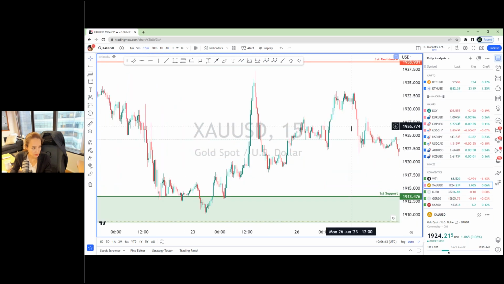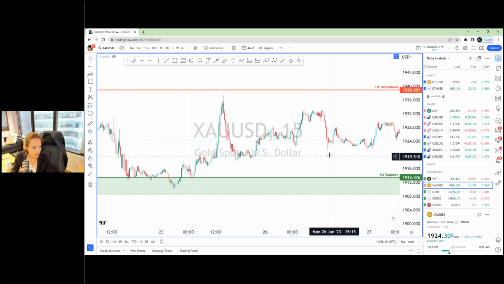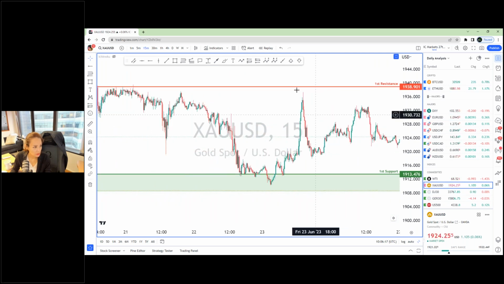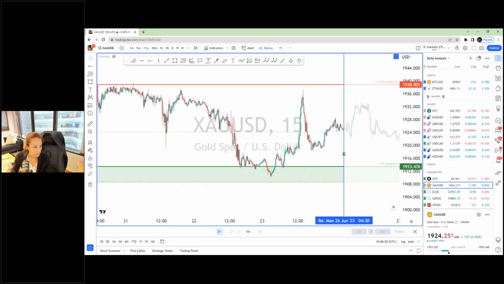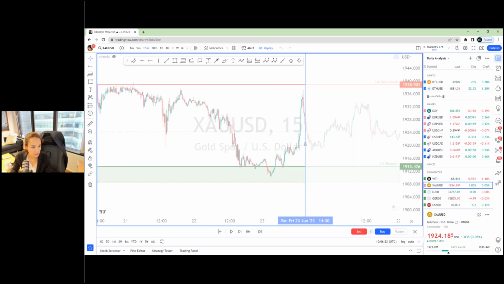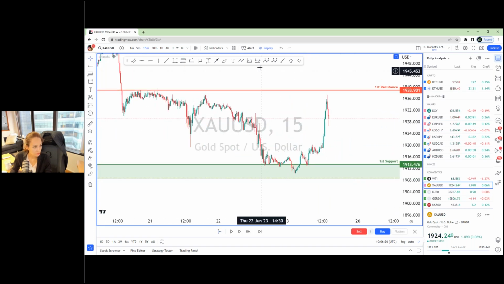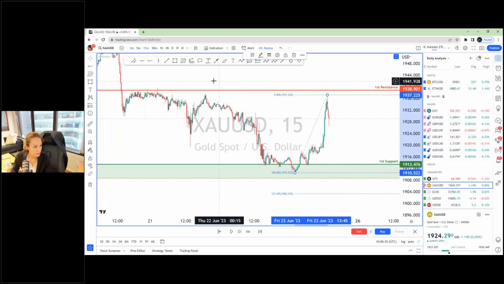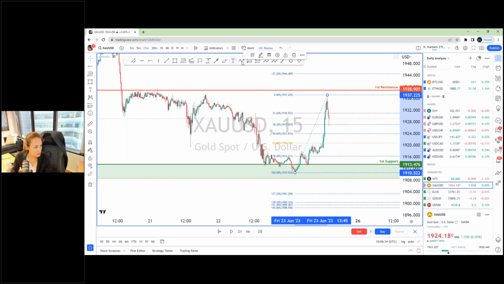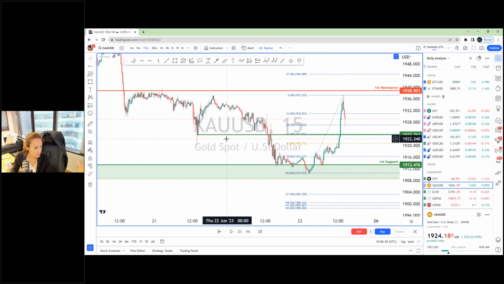For example, if only from here, I will use Fibo from here to here, and I pull it out. And I know that this is the level that I may watch out for.